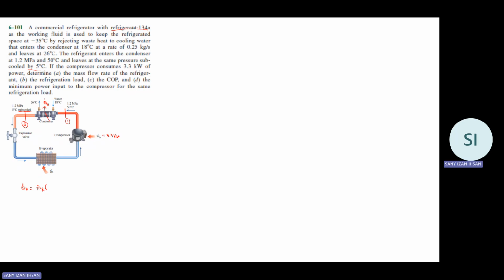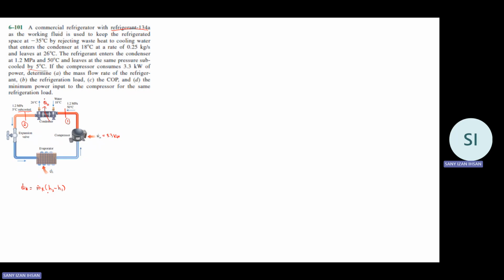So in that case, the rate of heat transfer is nothing but m dot of the refrigerant times the enthalpy change. Generally, when we say delta H, it is H2 minus H1.